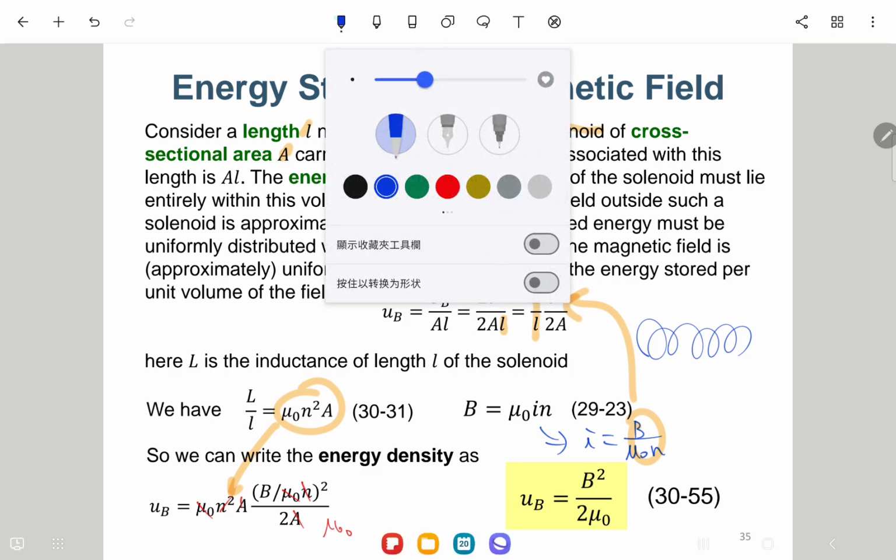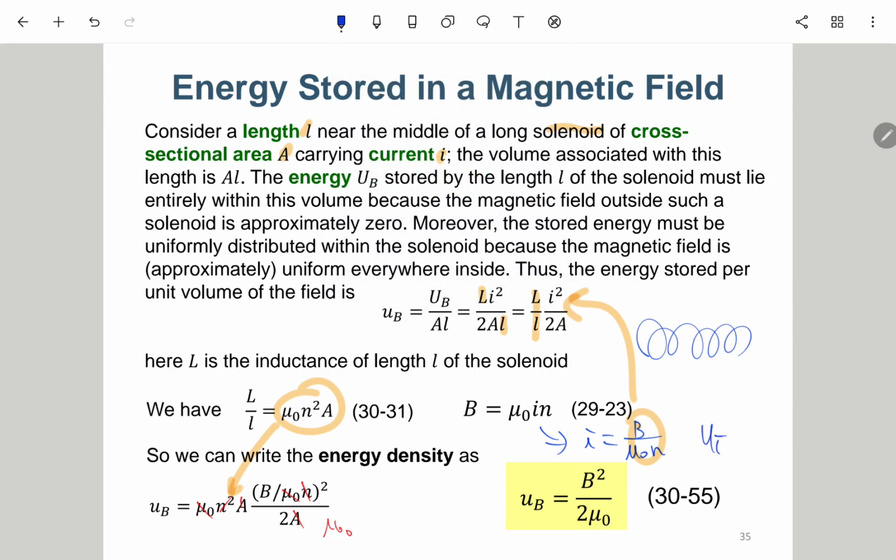And then if you still remember, U_E will be half of epsilon naught E squared. So this is also a duality. So 1/2, this is also 1/2. Epsilon naught turns into 1 over mu naught, and then E turns into B. So we have this one for the energy density in the E field, and then this is the energy density in the B field.